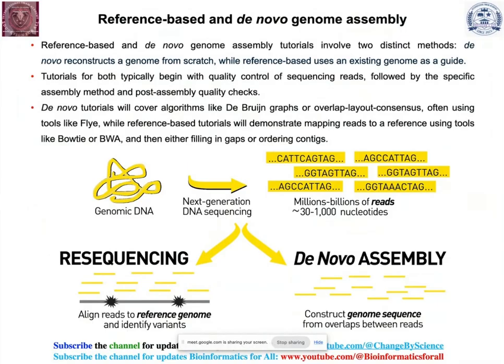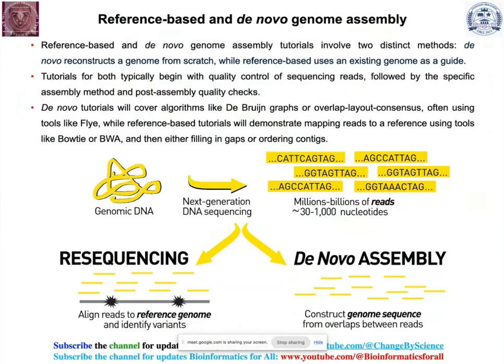Whether you are performing de novo genome assembly or reference-based, your first task is a quality check. For all the FASTQ files, that is the raw sequencing files, you need to first check the quality.